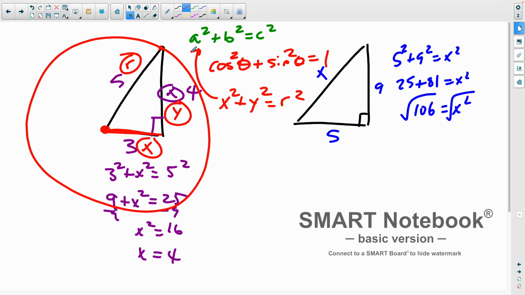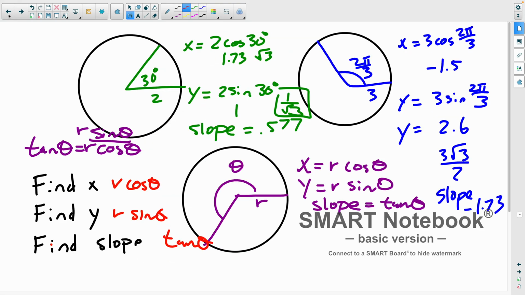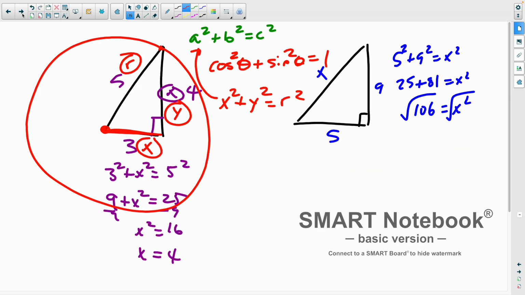Now, previously on these questions here, if I asked you for x, what did you do? If I said go find x, what do you tell me? x equals what? r cosine of theta, correct? That's x. What's y? r sine of theta.